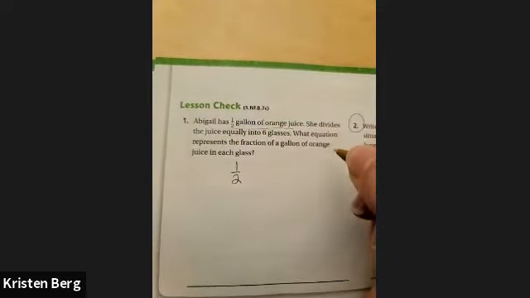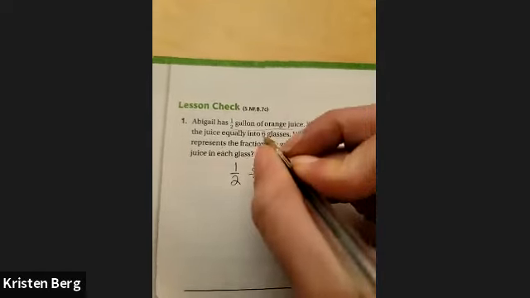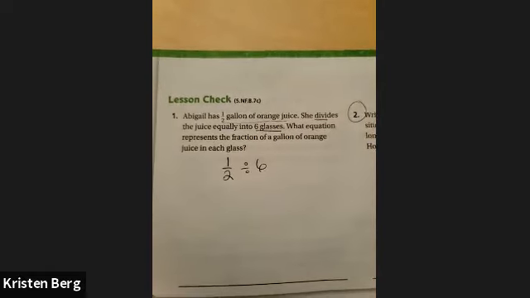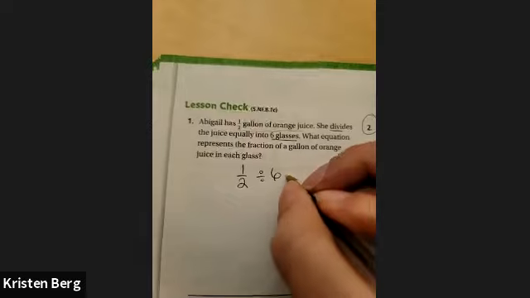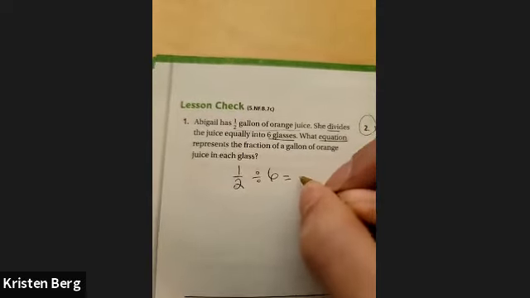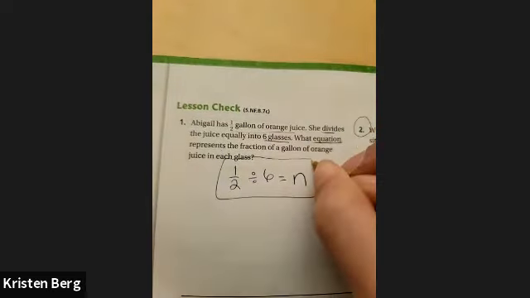And then how is it going to be divided? It's going to be divided into 6 glasses, so it's going to be divided 6 ways. And then it says an equation. So therefore, you would say equals, and then you could say an n is fine. So this is the equation that they wanted you to find.